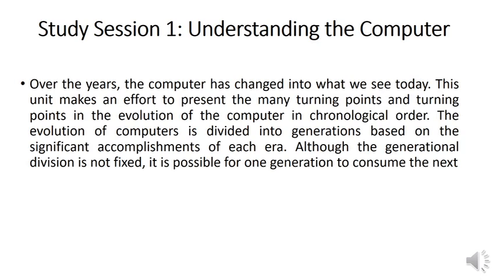Understanding the computer. Over the years, the computer has evolved into what we see today. And this unit makes an effort to present many turning points in the evolution of the computer in chronological order. The evolution of computer is divided into generations, from first generation to sixth generation.